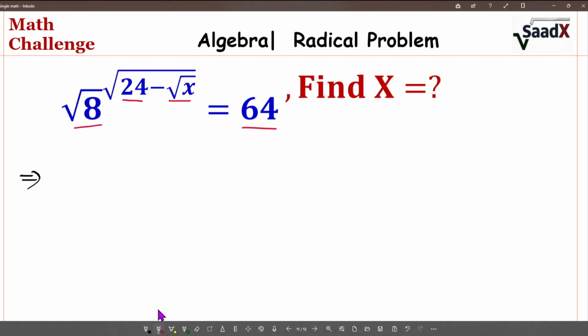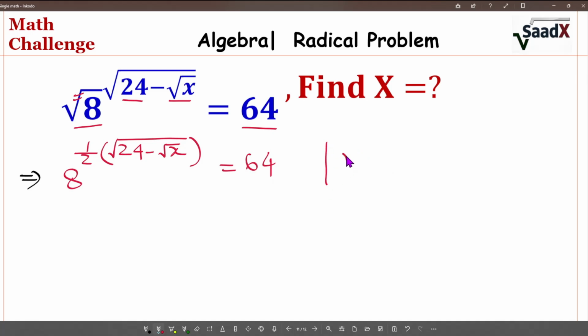we want to omit this root sign. So we can write 8 to the power 1 by 2 times root 24 minus root x equals 64. How?